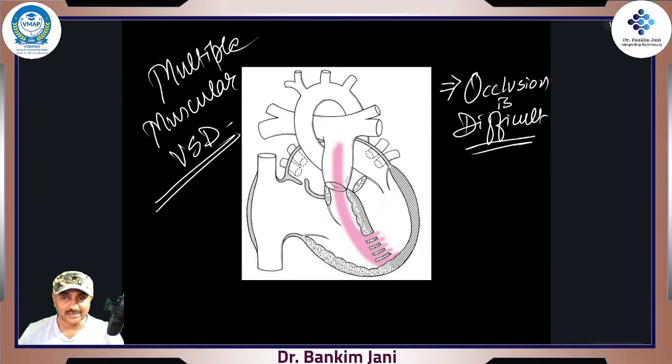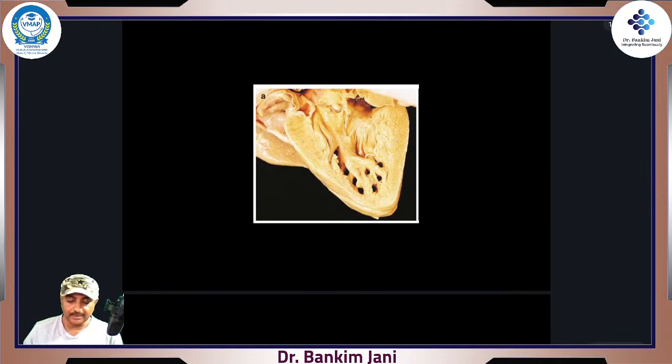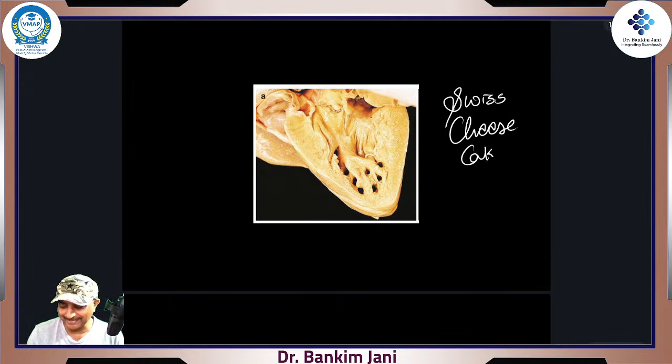If you come across such a heart and dissect it, this is the specimen from the Anatomy Museum, and this is what is called the Swiss cheese cake appearance, or pattern, right?